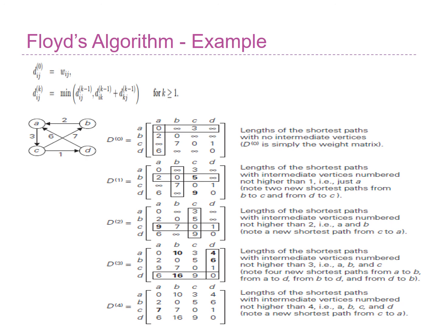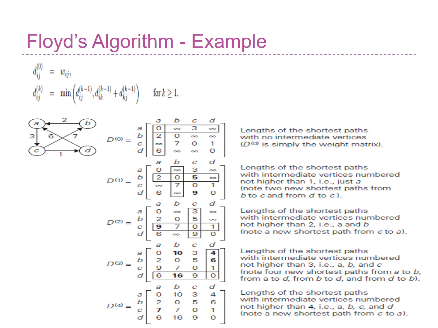Hence, at D1, at the B th row and the C th column, the value is 5, and similarly, the value at D th row and the C th column is 9. Hence, D1 represents the length of the shortest path with intermediate vertices numbered not higher than 1.